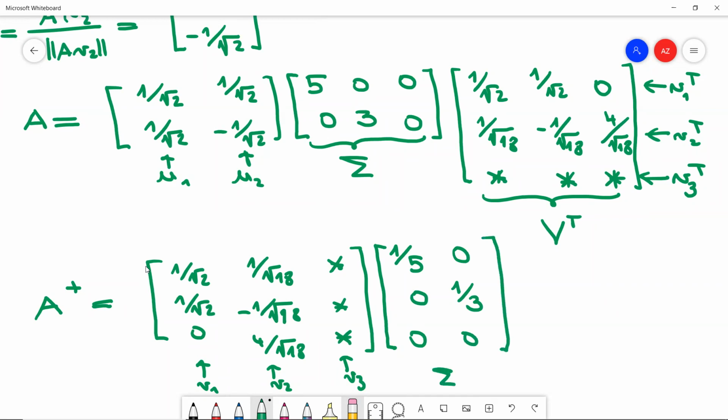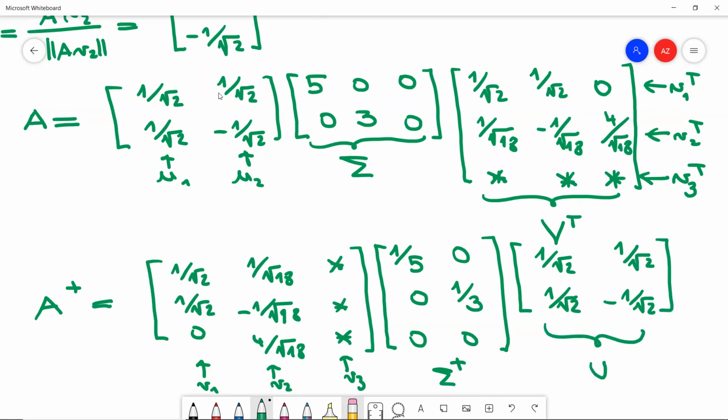So this is sigma plus. And U transpose at the end. But in this case, U is just U transpose, because if you transpose 1 over square root of 2 and 1 over square root of 2, it's the same. So U remains the same, but only in this case.